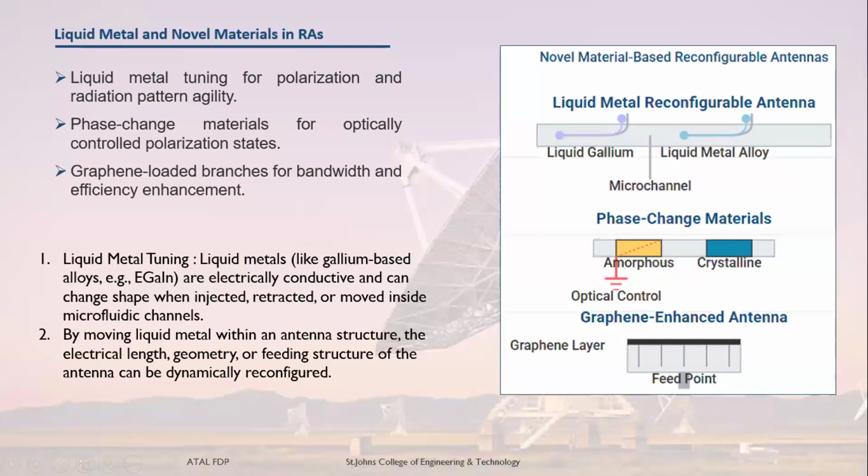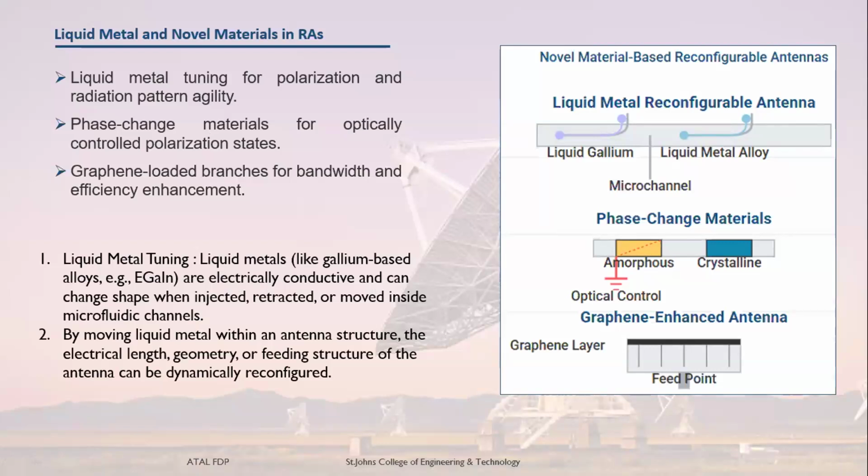How do you change the phase change materials? Optically controlled. So what are those liquid metals? Gallium based alloys are electrically conductive and can change shape when injected, retracted, or moved inside microfluidic channels.